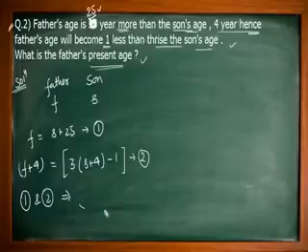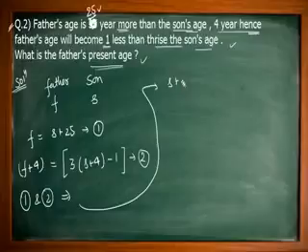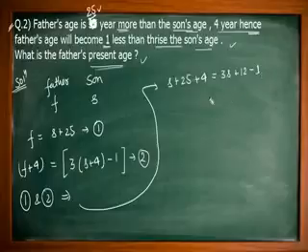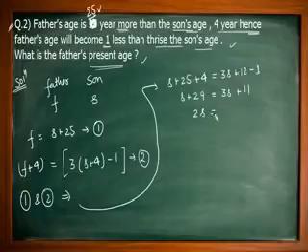So it will give you basically s plus 25 plus 4 equals 3s plus 12 minus 1, which is s plus 29 equal to 3s plus 11, and 2s will equal 18, and s will be equal to 9.